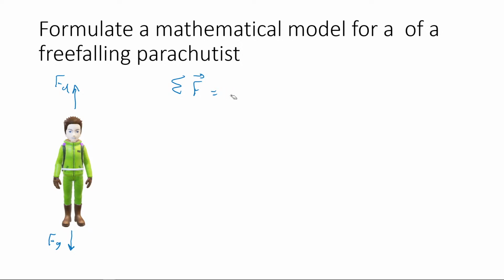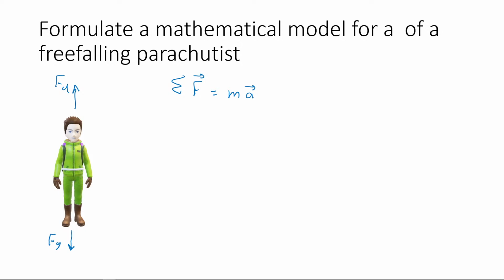There will be some force of acceleration, either downward or upward. In this case, it will be mainly downward most of the time. It might be upward a little bit when he starts opening his parachute, but most of the time it will be downward.